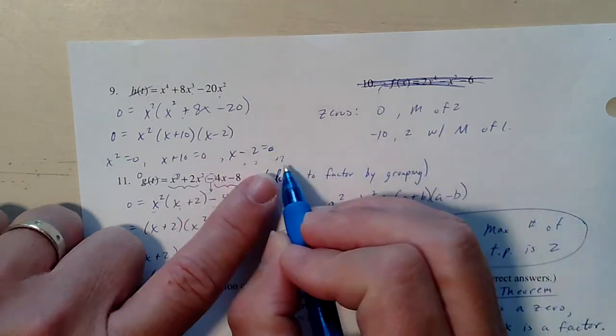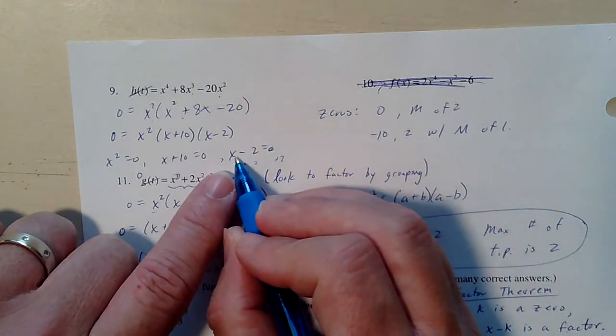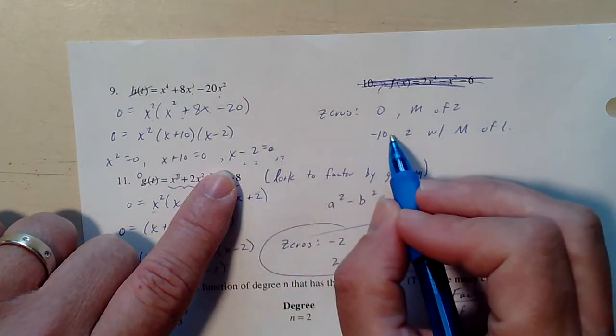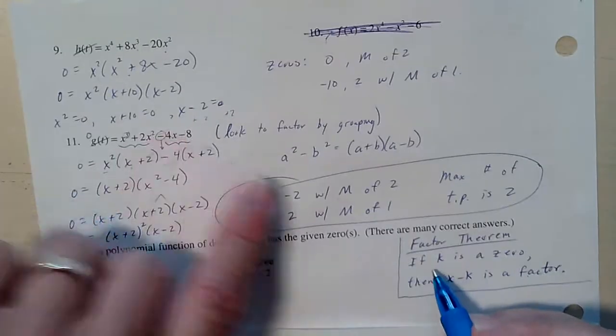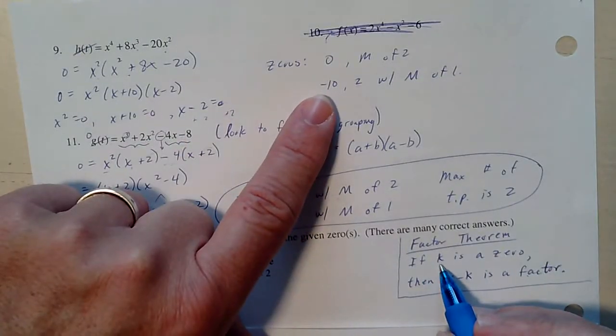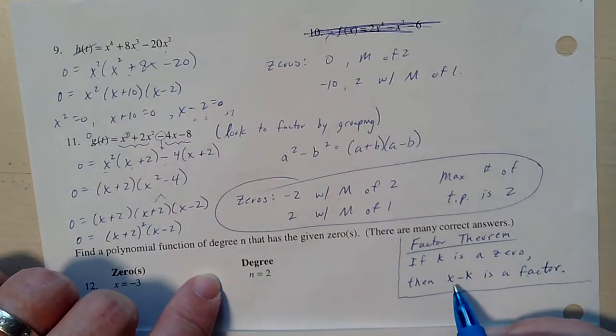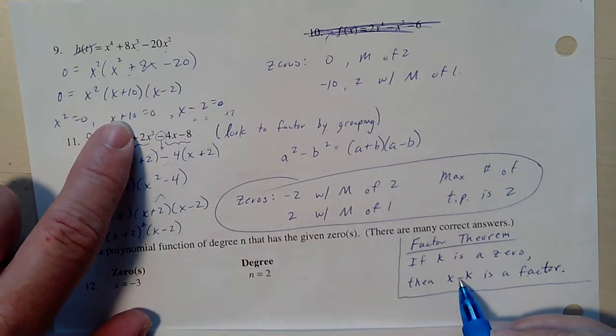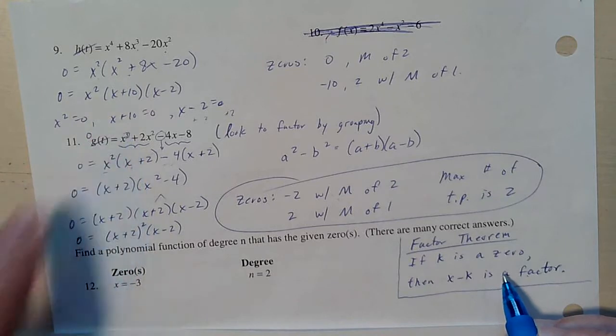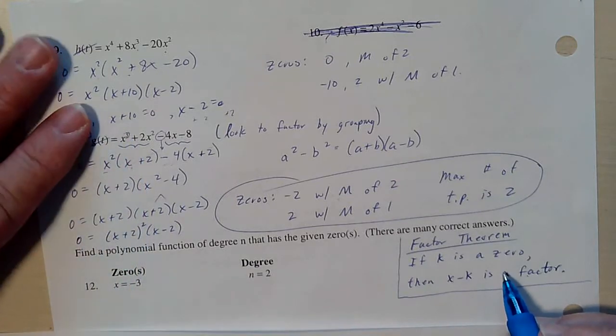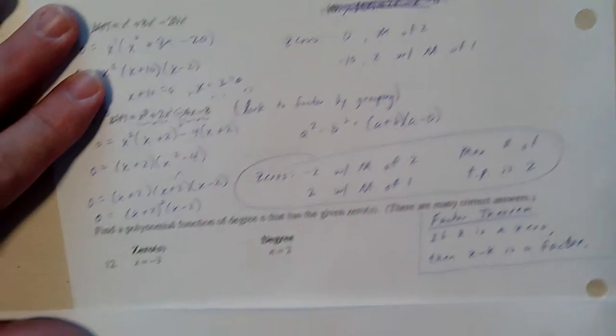So if 2 is a 0, then x minus 2 is a factor. Works with -10 as well, right? If negative 10 is a 0, then x minus -10, or x plus 10, is a factor, okay? So that's how we're going to start writing this function.